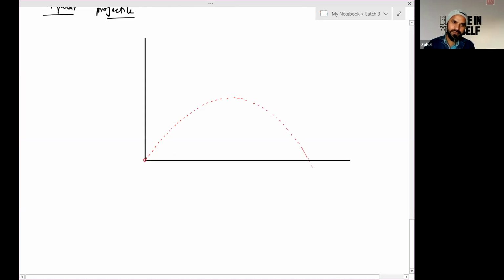A body is projected from this point at some initial velocity u at inclination theta with respect to the x-axis. So it will have two components, one along the x-axis and the other along the y-axis. So it will be u cos theta and u times sine theta.